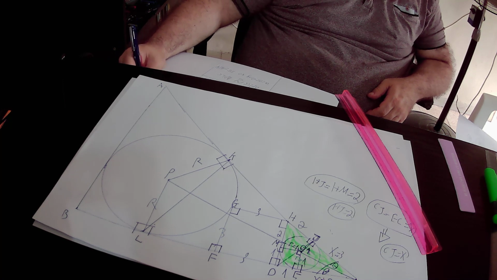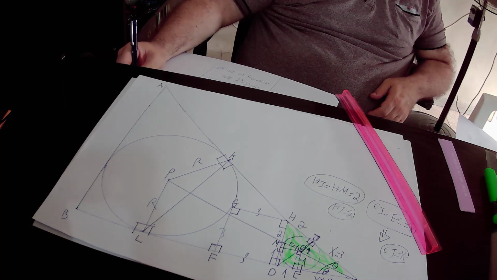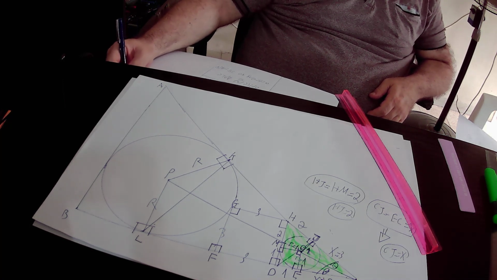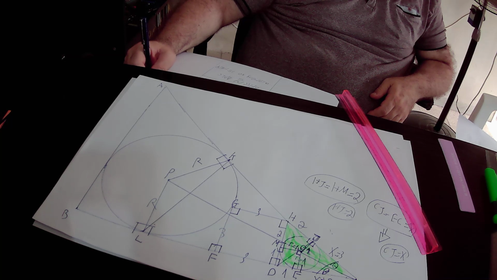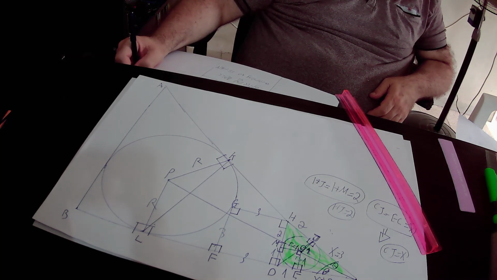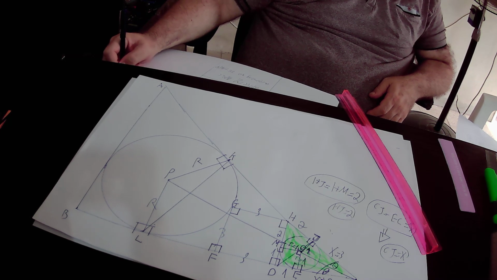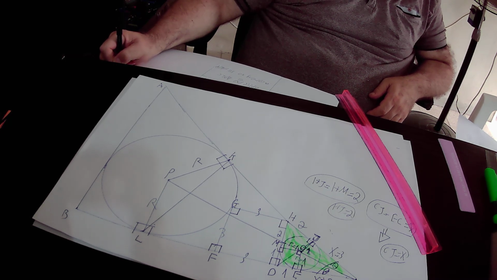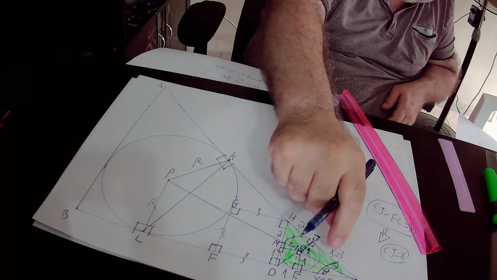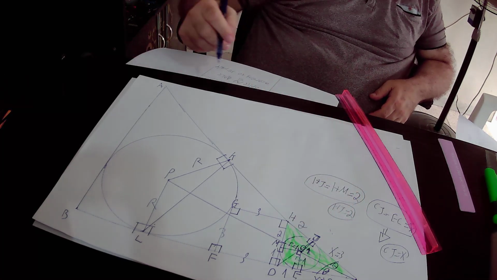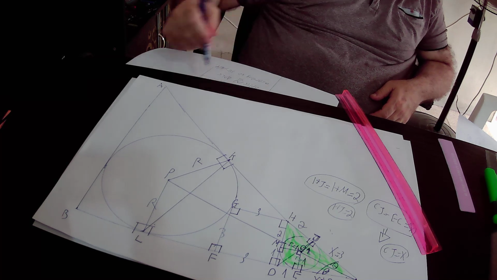PC is the angle bisector of angle C. It bisects angle C into two halves, each half equals theta, in triangle LKC.